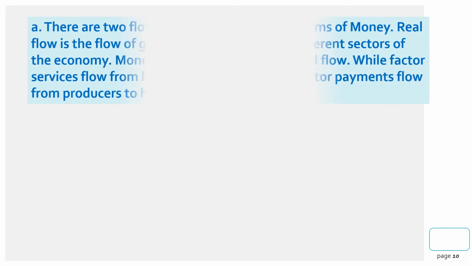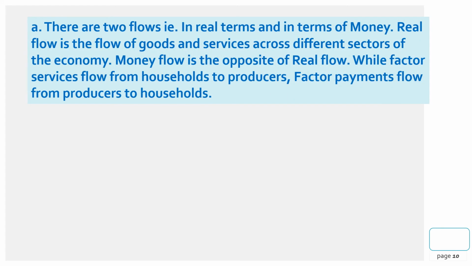And now let us set out to explain the diagram of the two-sector model. As we saw, there are two flows, that is in real terms and in terms of money. The real flow is the flow of goods and services across different sectors of the economy. So we saw in the slide, there is a flow of factor services from households to the producers, and there is a flow of goods and services from producers to households.